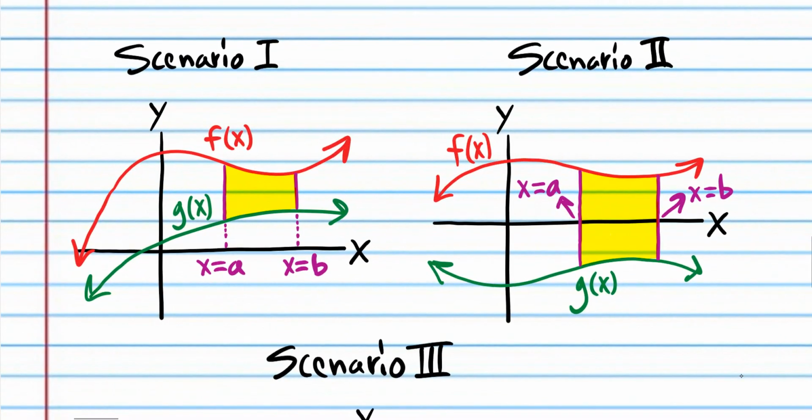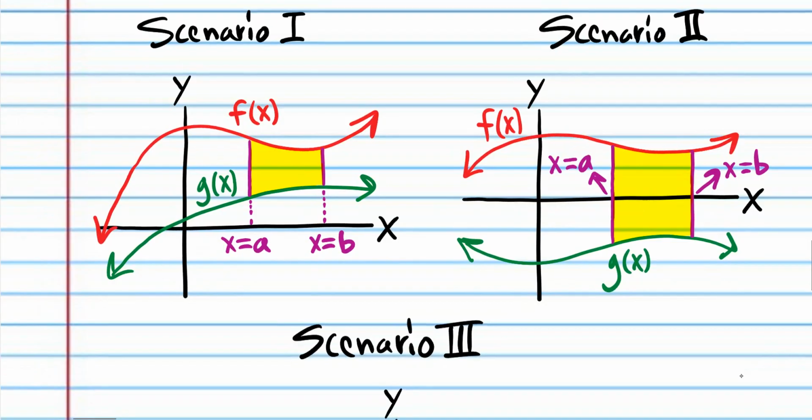In previous classes, we learned how to find the area between the graph of a function and the x-axis. Today we're going to learn how to find the area between the graph of one function and the graph of another function.